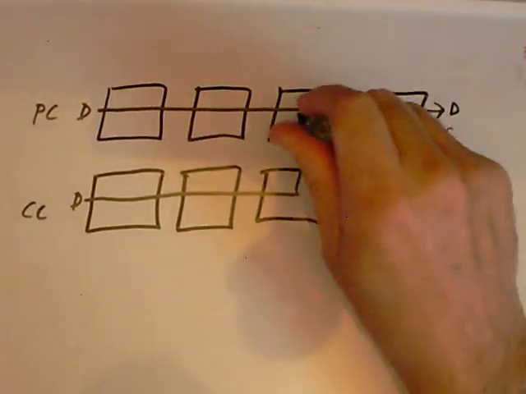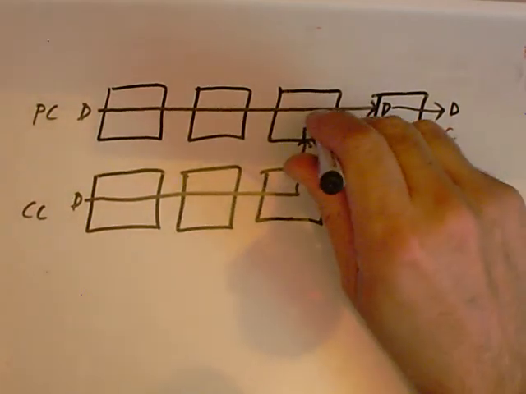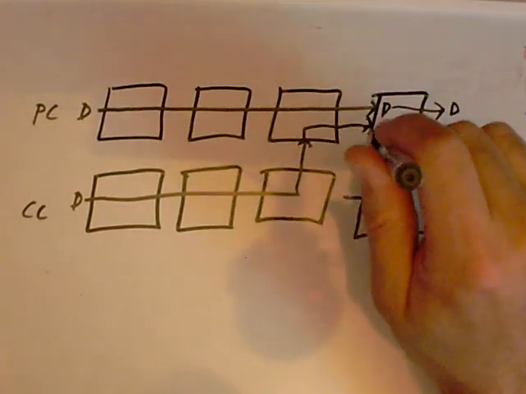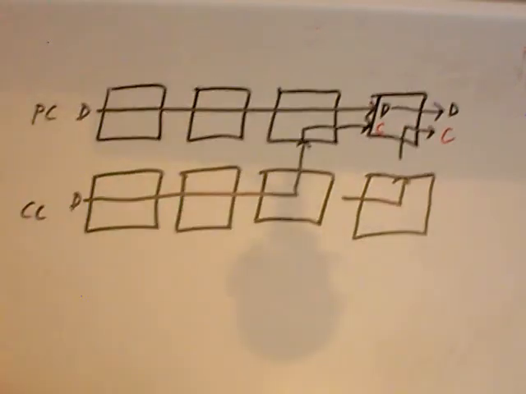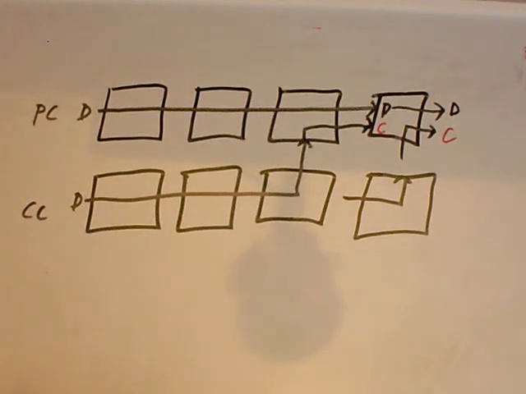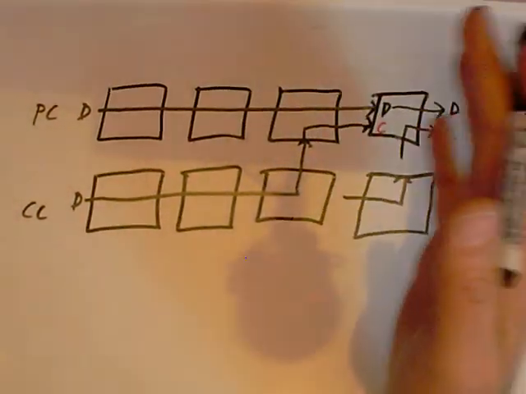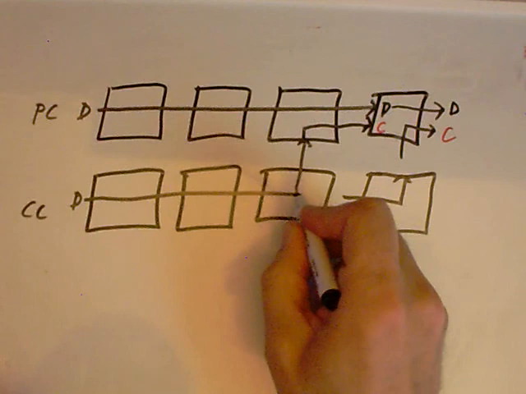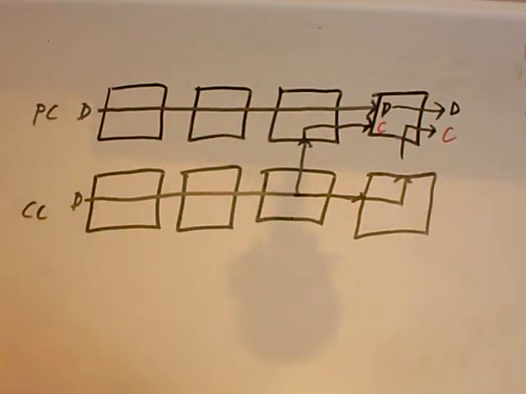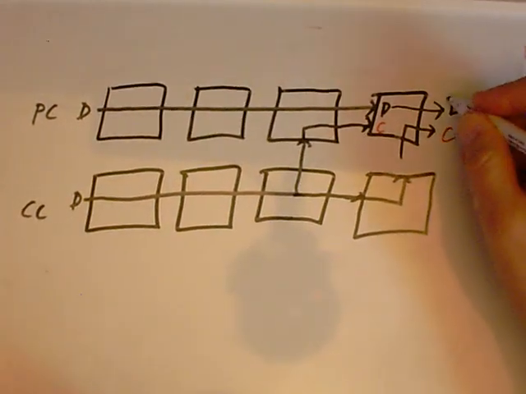We need to either change this cell so that it's no longer routing the southern D input to the control input, or we need to change this cell so that the control channel signal is not sent to the north. If we can do either of those, then we can no longer be configuring this cell, and we can take our D input on the control channel and use that to configure this new target cell.